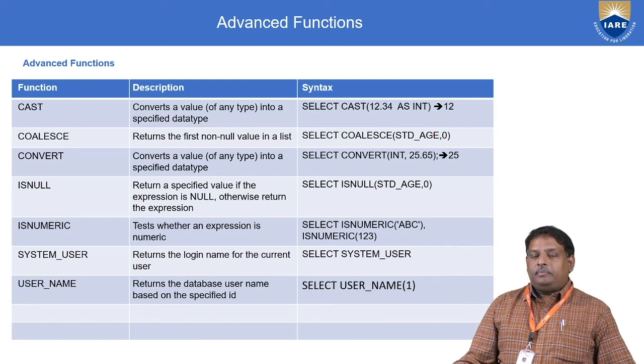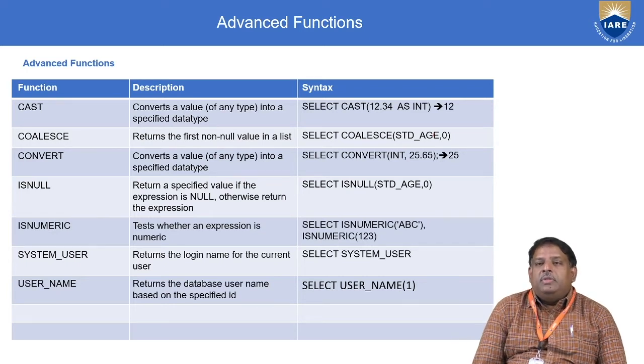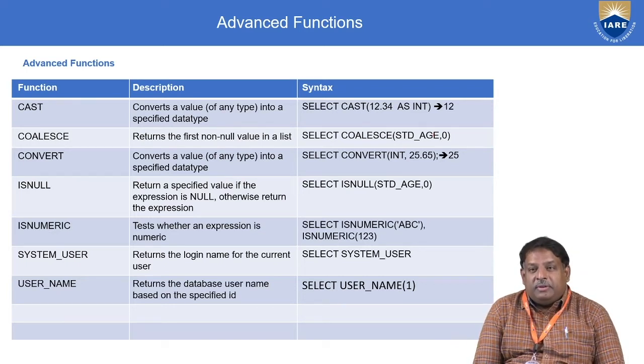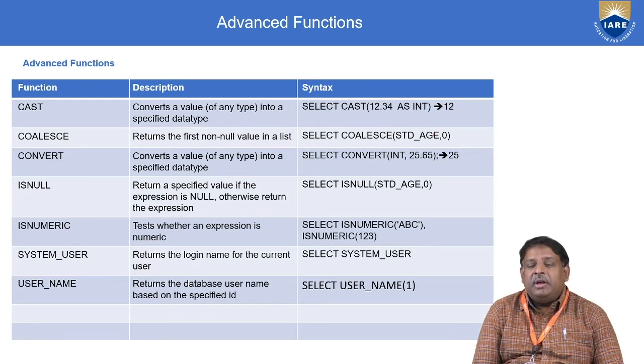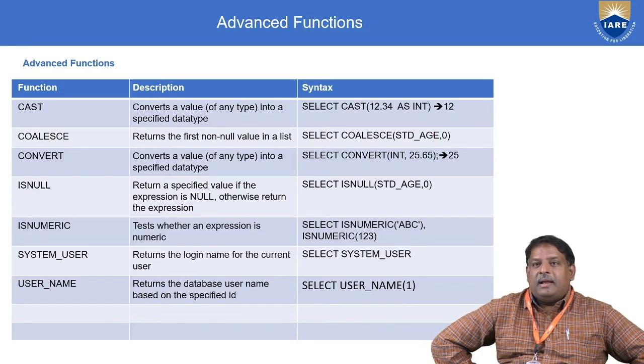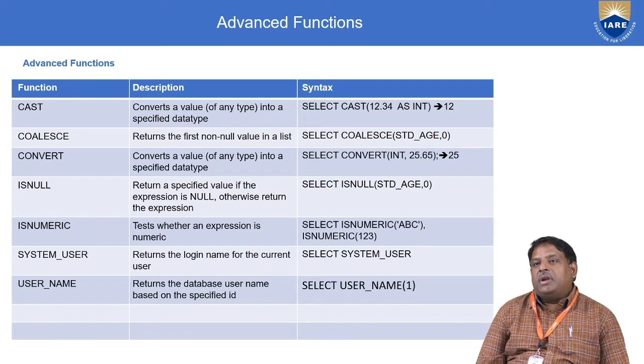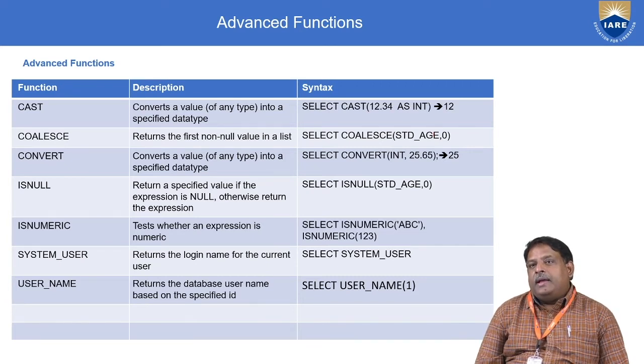Okay. Next is isNull. IsNull is a function which, when the value is null, will give you the value in a different format. It returns the replacement value if the expression is null; otherwise, it returns the expression. Suppose I have a student whose age I forgot to add, and I mistakenly left it as null.